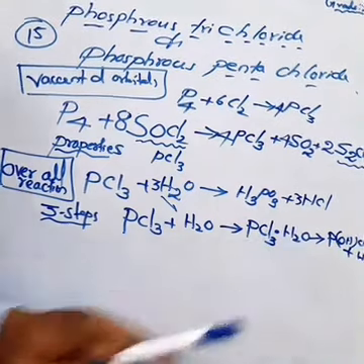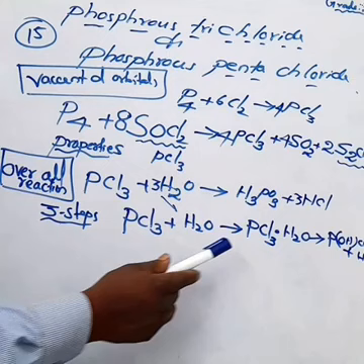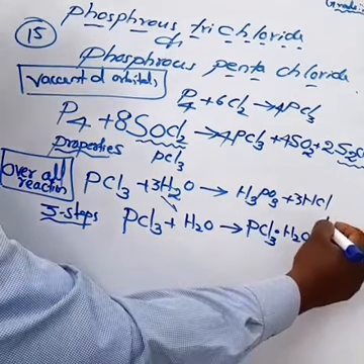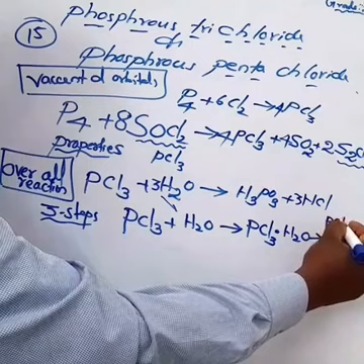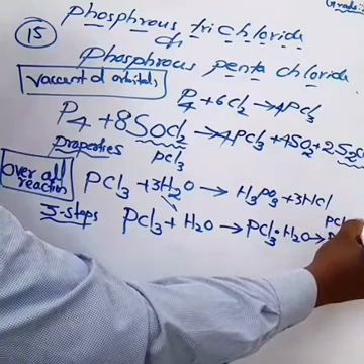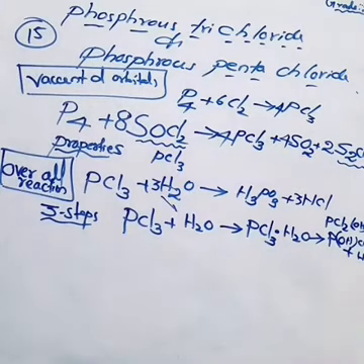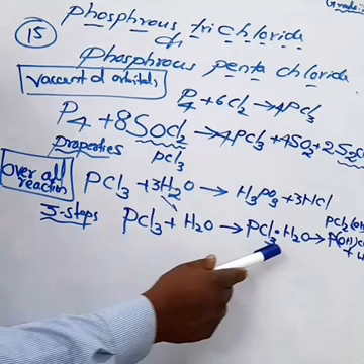Next, what is the remaining product? That is PCl2OH, am I right? Otherwise we can write POHCl2. Here, leaving one of the hydrogens, the hydrogen combines with chlorine to form HCl.